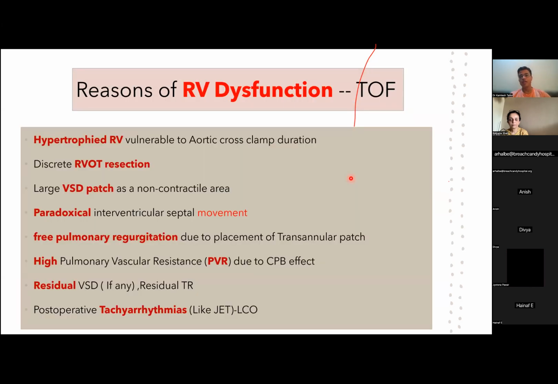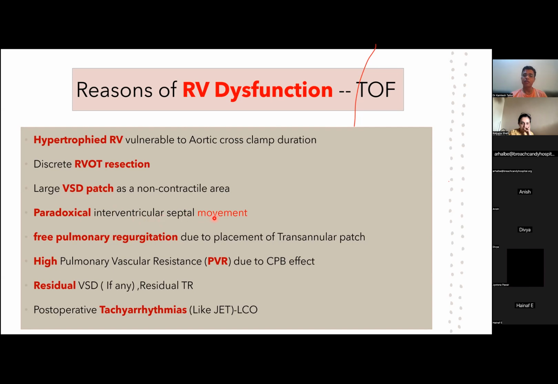So the reasons for RV dysfunction and LV dysfunction, especially when we are dealing with total correction, because there will be RV dysfunction in a tetralogy. The reasons are a hypertrophied RV with a long duration of aortic cross clamp. A discrete RVOT resection can lead to RV dysfunction. The large VSD patch, which is a non-contractile area of the interventricular septum, leads to RV dysfunction.